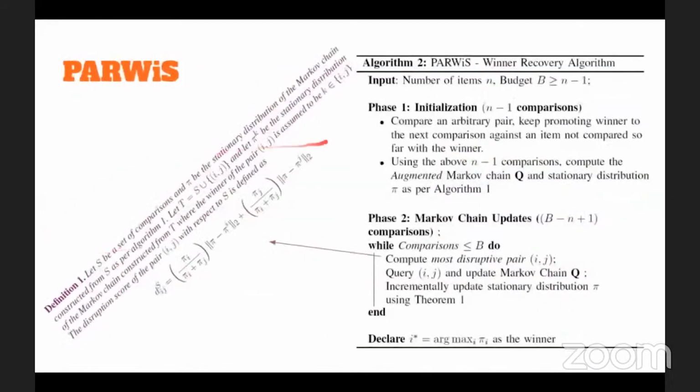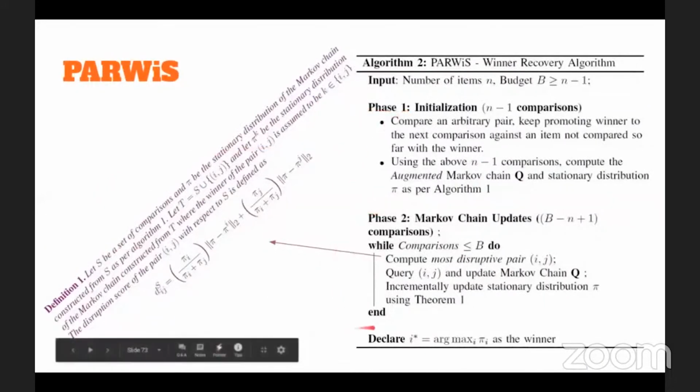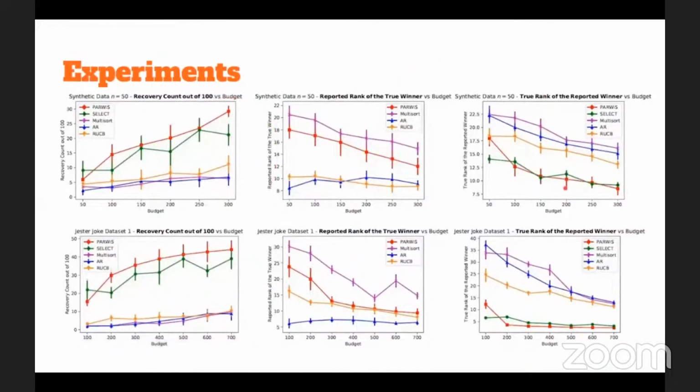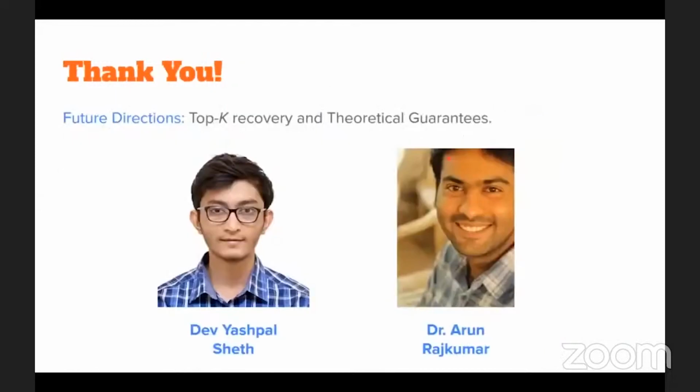In the first phase, initialization, we use n-1 comparisons to initialize our Markov chain. In the second phase, instead, we query the most disruptive pair, incrementally update the Markov chain, and keep doing this until the ranking is stable. We perform experiments on both synthetic as well as real datasets in large standard rank aggregation benchmarks and observe that our algorithm is better than the state of the art, significantly in almost all cases. Look at top K recovery and theoretical guarantees of our algorithm.